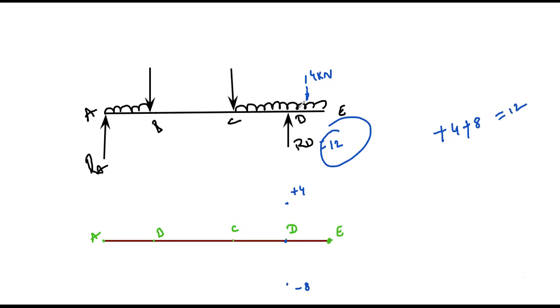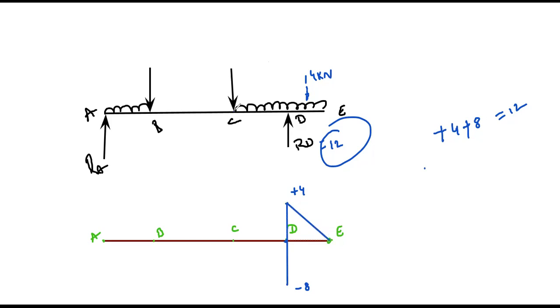So whenever we have UDL and point load combination, we need to draw like this. But between E and D, we have UDL, so here we get an inclined line.